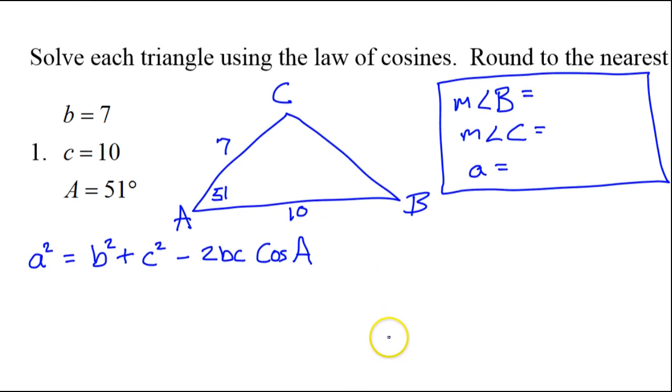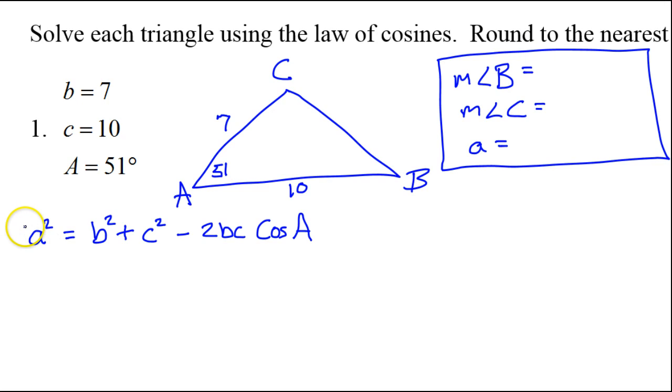So let's go ahead and substitute in what we know. We don't know side A, of course, that's what we're trying to find, but we know the rest. So B is 7, so this is 7 squared plus 10 squared minus 2 times 7 times 10 cosine of 51.